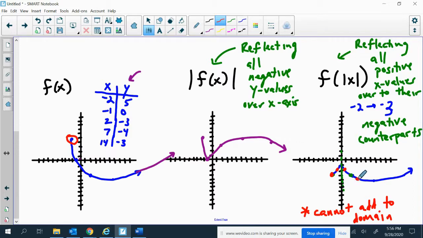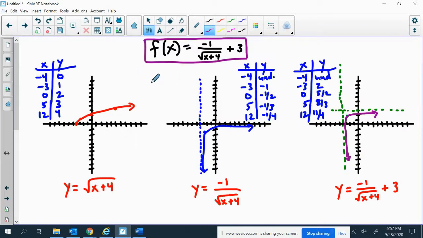If I substitute in f of the absolute value of -2, that's going to give me f of 2. But if I substitute f of the absolute value of -3, that's a problem because -3 was never in the domain in the first place, so I can't even do that. So I can't continue to add to the domain. I have to have that stop here.